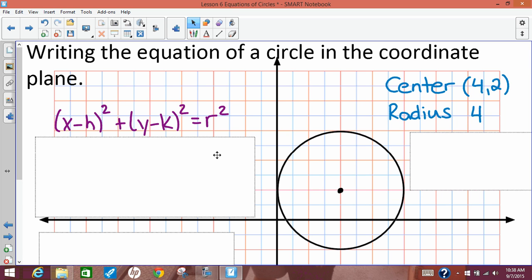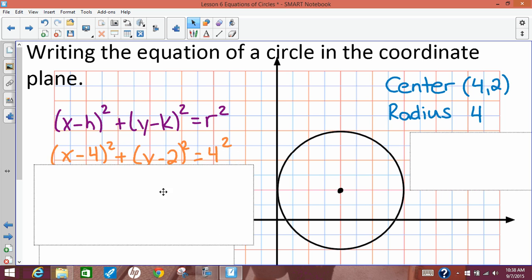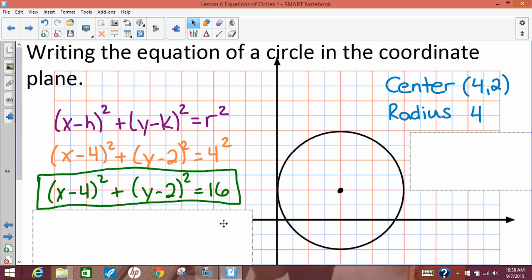So remember that the center is (h, k), so that means that 4 goes in for h and 2 goes in for k. And my radius is r, so 4 goes in for r. And I want to simplify this side over here so that my equation looks like this. (x - 4)² + (y - 2)² = 16.